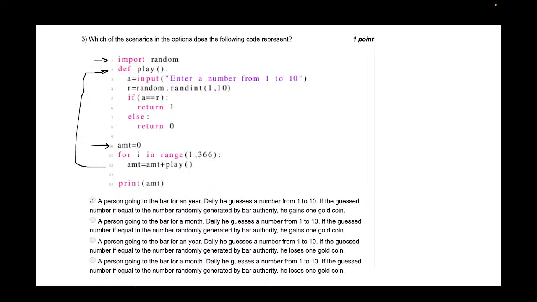So what does option A say? A person goes to the bar for a year. Daily he guesses a number from 1 to 10. If the guessed number is equal to the number randomly generated by the bar authority, he gains 1 gold coin. Yes, so option A is right.